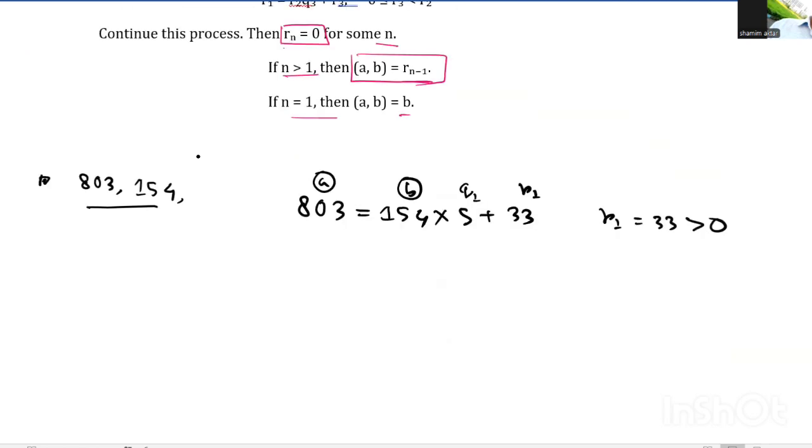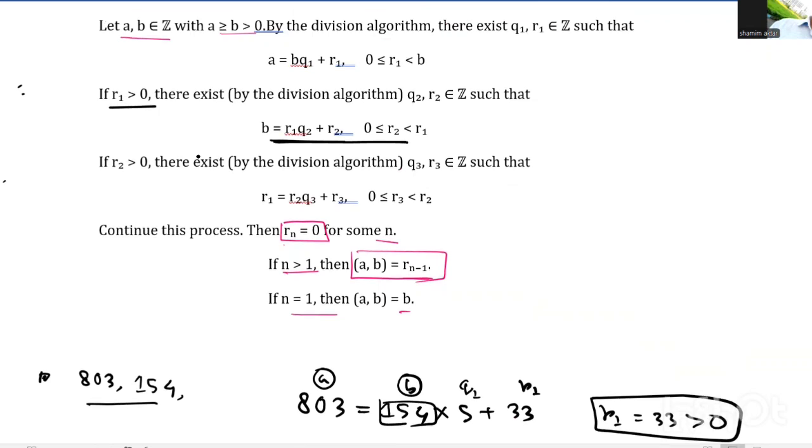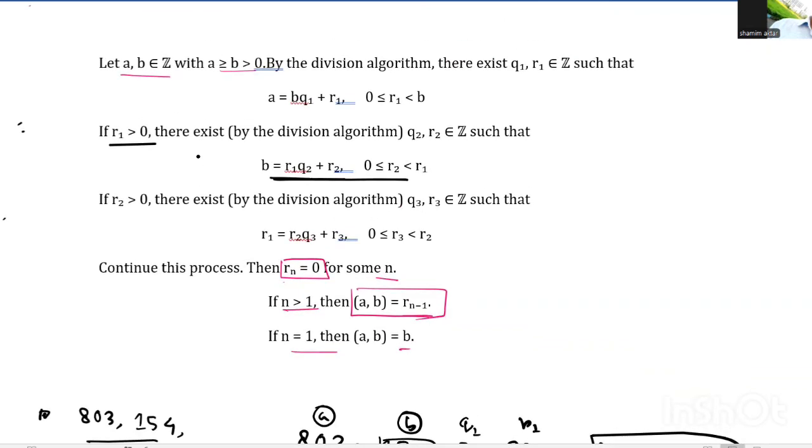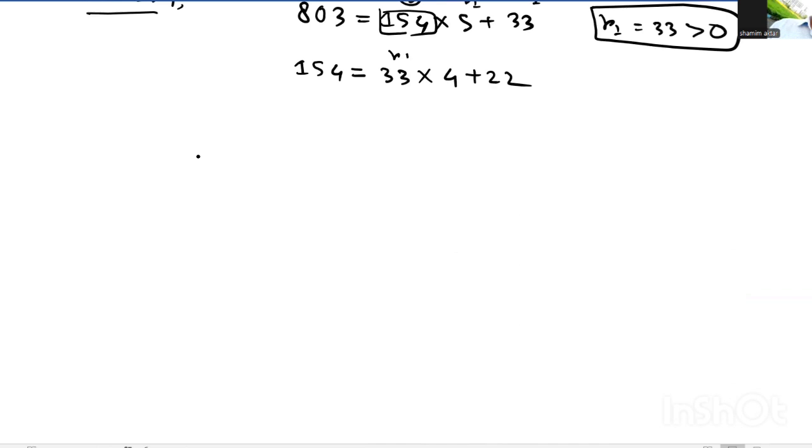So 154 equals 33 times 4 plus 22. Here we have r1 and this is r2.